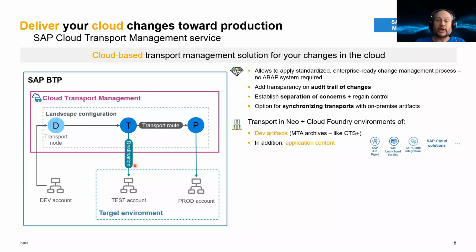So why did we do that? As said, we would like to have a cloud-centric transport tool, where you don't need an ABAP backend for performing the cloud transports. However, of course, the higher level change management tool is Cloud ALM or Solution Manager, so that, as I said, the Cloud TMS is the transport tool below this higher level change management level.